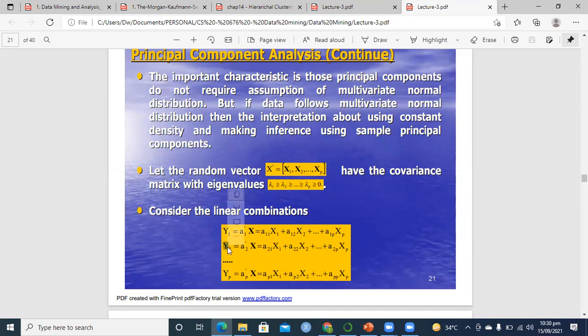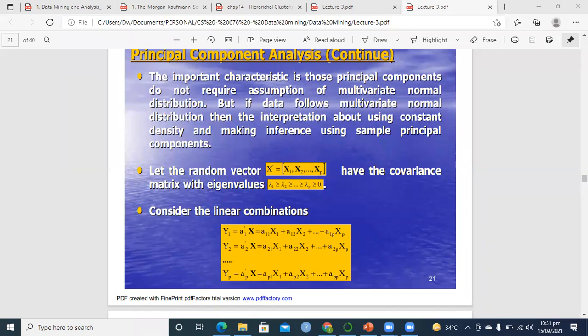Then we say y2. The only thing changing is these coefficients a11, a12, a1p, a21 and so on. These coefficients have a specific name. They are either called coefficients or loading values. I type here loading values or loading matrix.